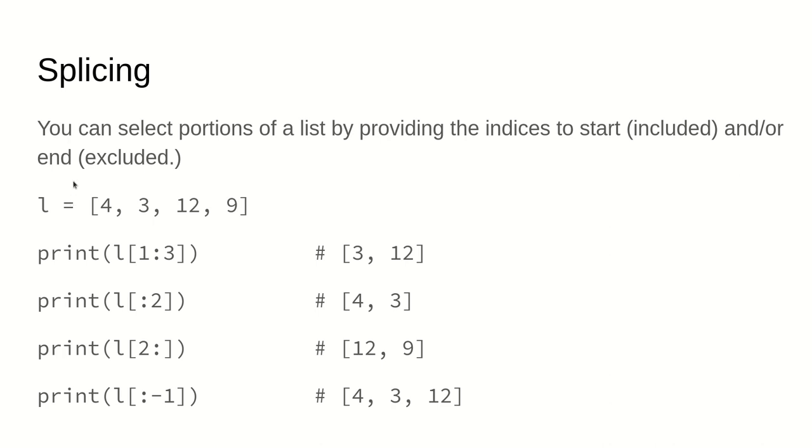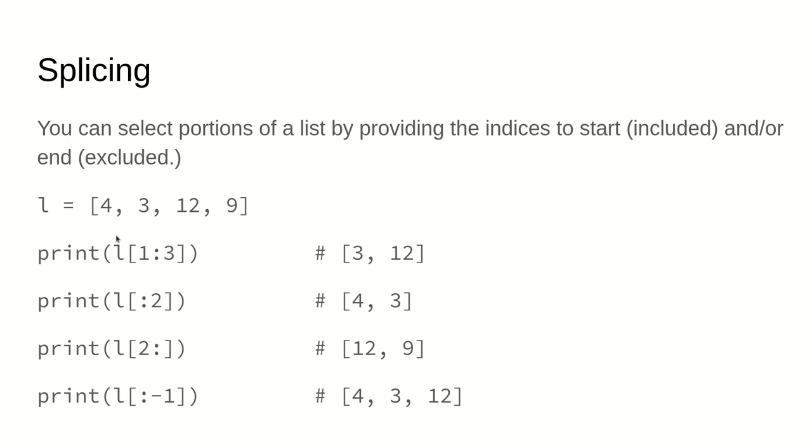So again, if I have this list 4, 3, 12, 9, then I can give sort of like a lookup statement, like the ones where I was getting the index for just a single number, but I put a colon in the middle of 2 numbers, and that tells it where to start and where to end. This is a pretty straightforward way to get a chunk of my list. The only tricky part, typically, is remembering that the start value is included and the end value is excluded.